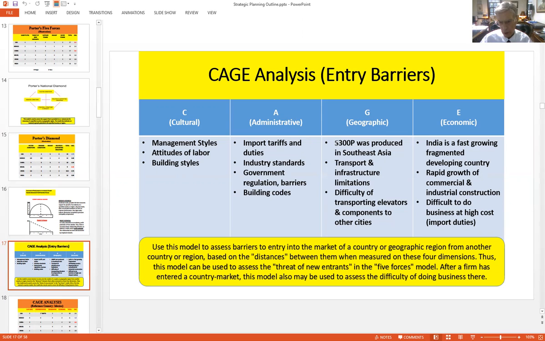So if you were to build an elevator in a city in India and ship that elevator as a metal box to a building project in another city, by the time that elevator got there, it would probably be scrap metal. The roads are just so rough. So a new kind of elevator was developed.